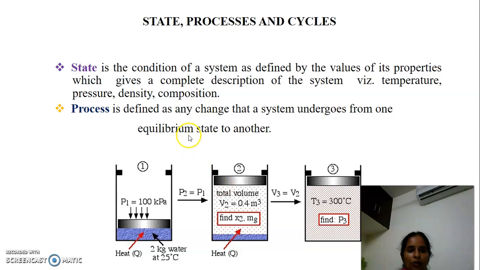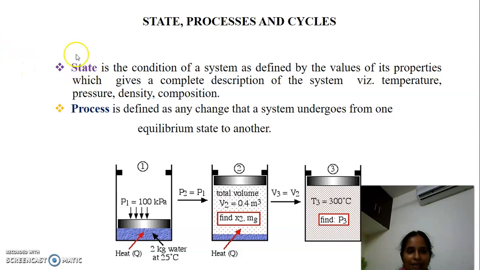Now we are entering the very important definitions and terminologies we are going to use in thermodynamics: state, processes, cycles. State is a condition. What is your state? Like when your friend asks, how is your mood, what is the state of your mind and physical health with respect to the surroundings, how are you in that particular situation?